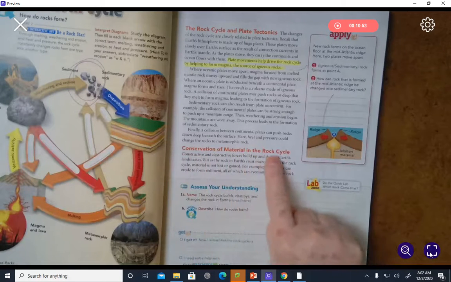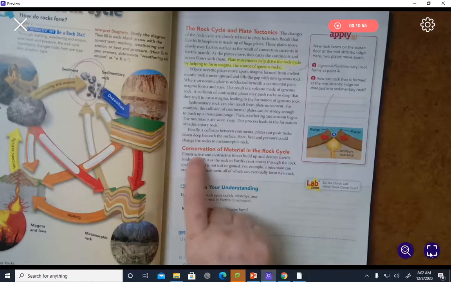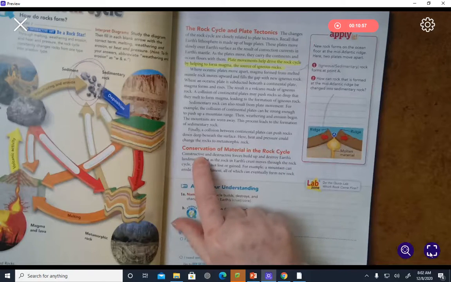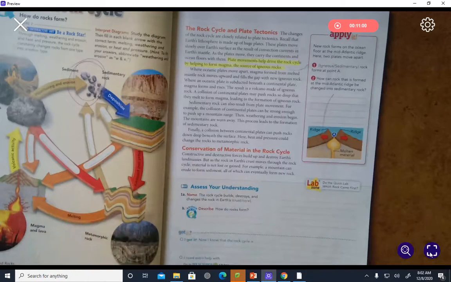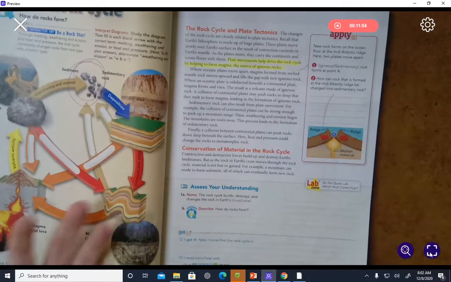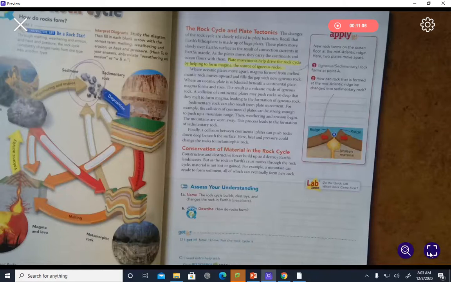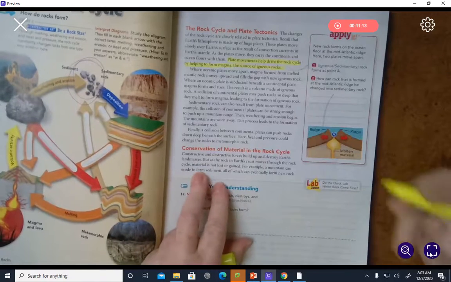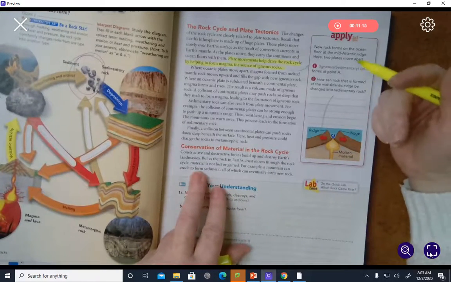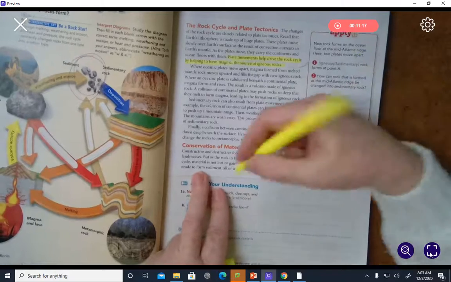Conservation of material in the rock cycle. Constructive, construct something, build it, and destructive forces, destroy it, build up and destroy the Earth's land masses. But as the rock in the Earth's crust moves through the rock cycle, I want you to understand that this is going to be a recurring theme in some of the science that we're going to be learning this year.